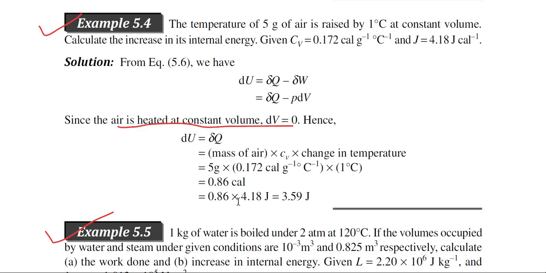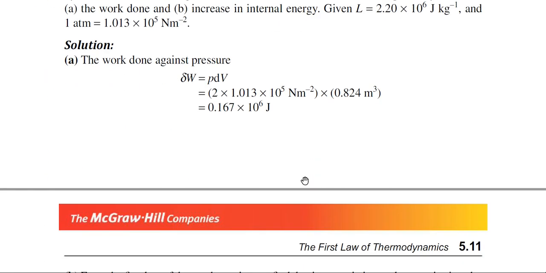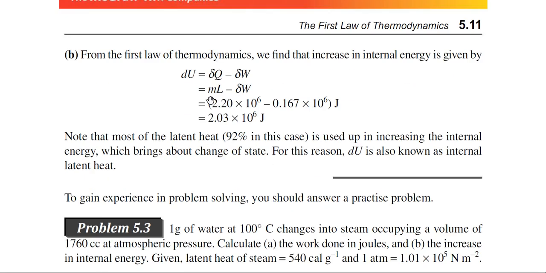But in the previous problem, when the air was heated, delta Q was mass of the air into Cv into change in temperature. So, these two cases are different. As the water is being boiled, we will use this particular expression of the heat, that is mL.